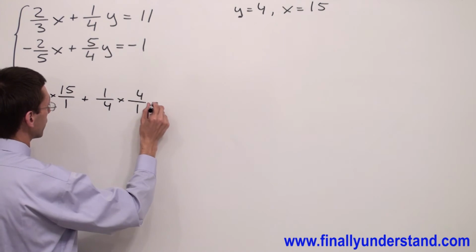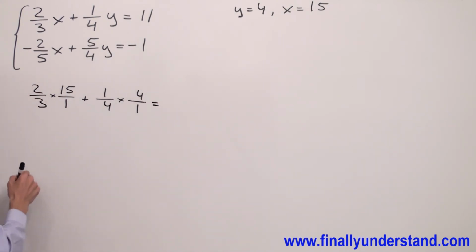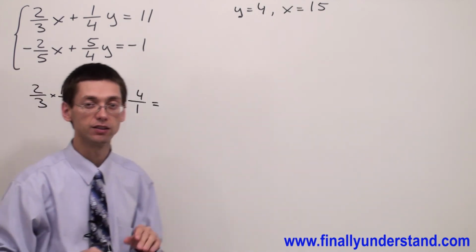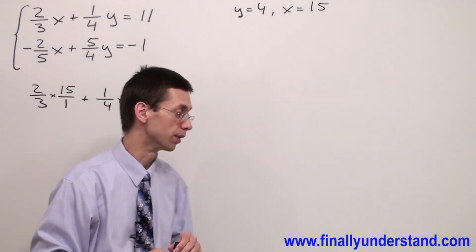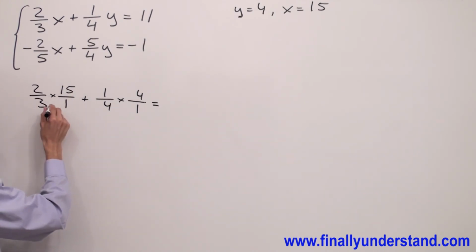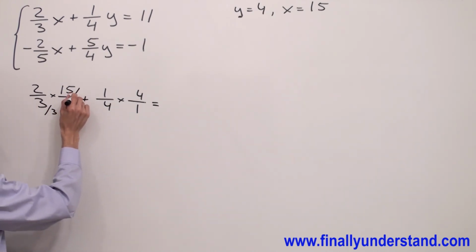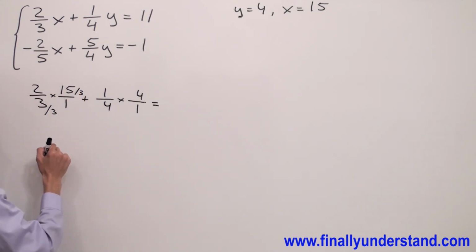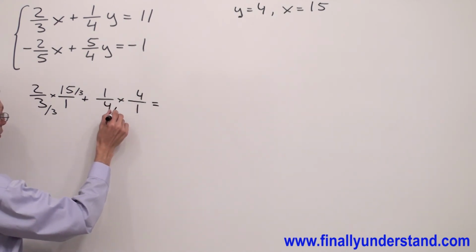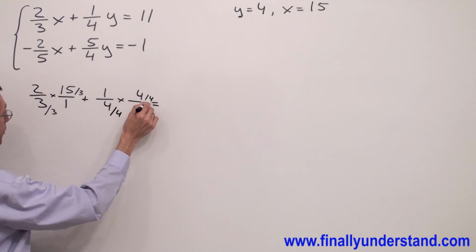And this is equal. Remember, anytime you multiply fractions, you're supposed to check first if you can reduce any denominator with any numerator. Please notice that I have 3 and 15. 3 and 15 I can reduce by 3. 4 in the denominator and 4 in the numerator, I can reduce them by 4.